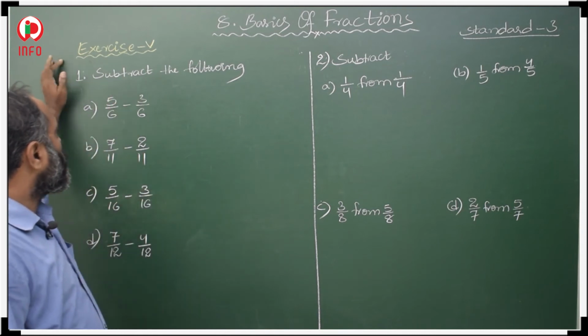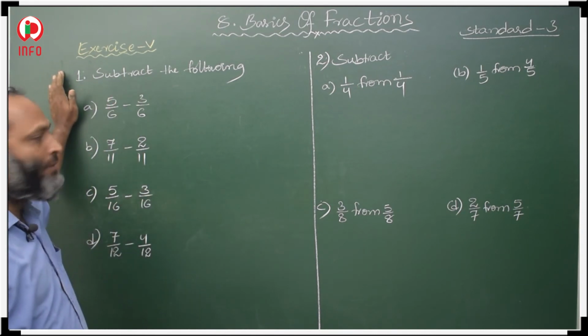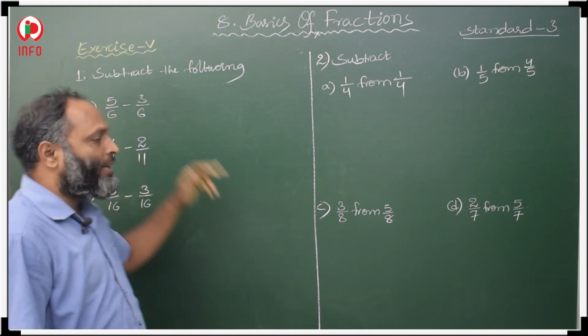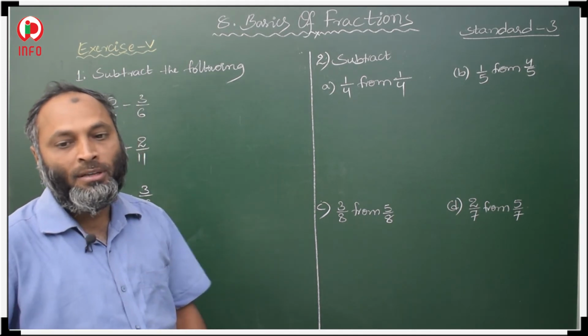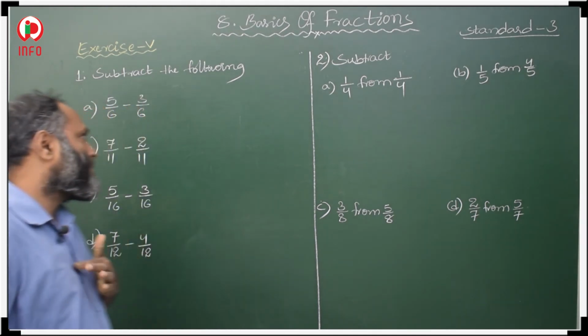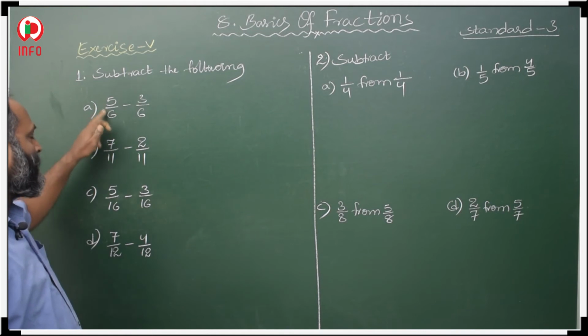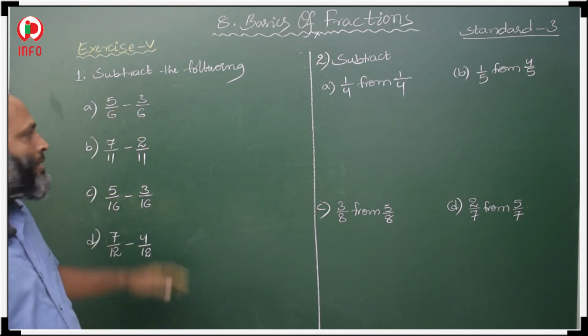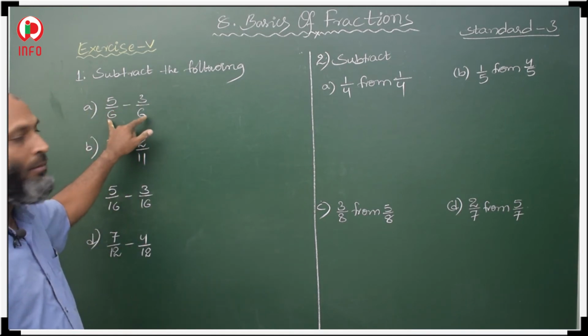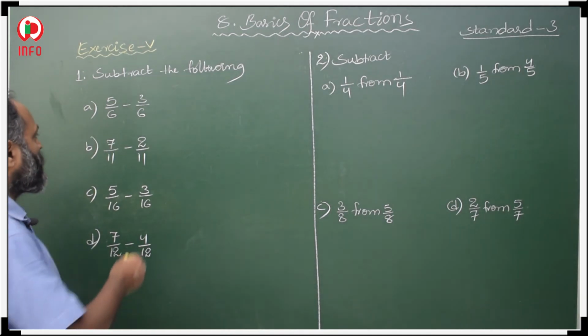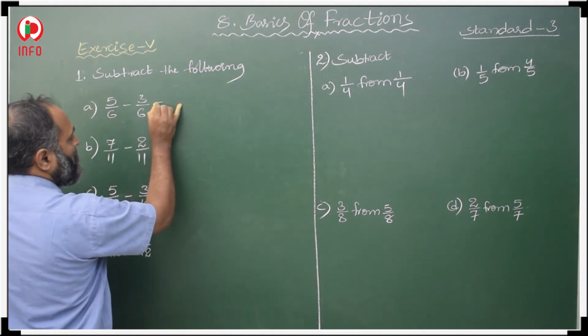Now students, in exercise 5, the first question says subtract the following. The first question is 5 by 6 minus 3 by 6. In this question we have the common denominator 6. How to subtract?